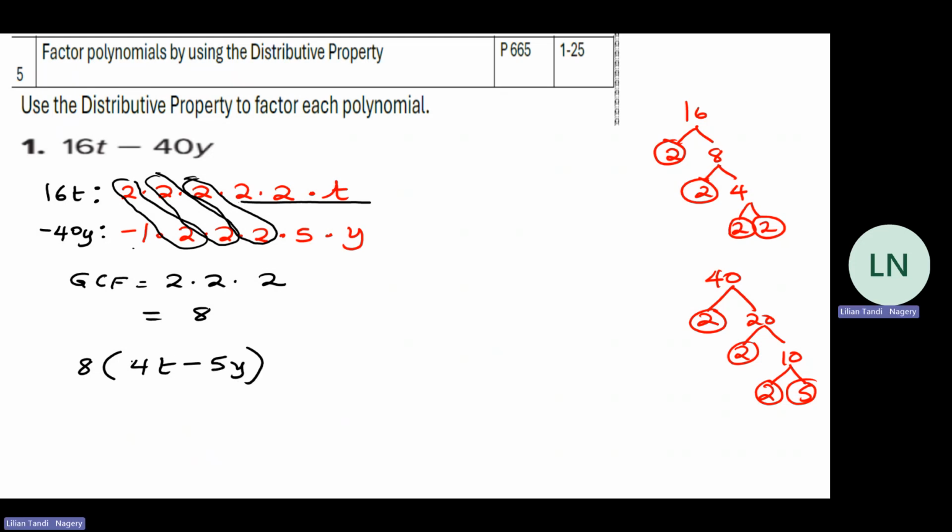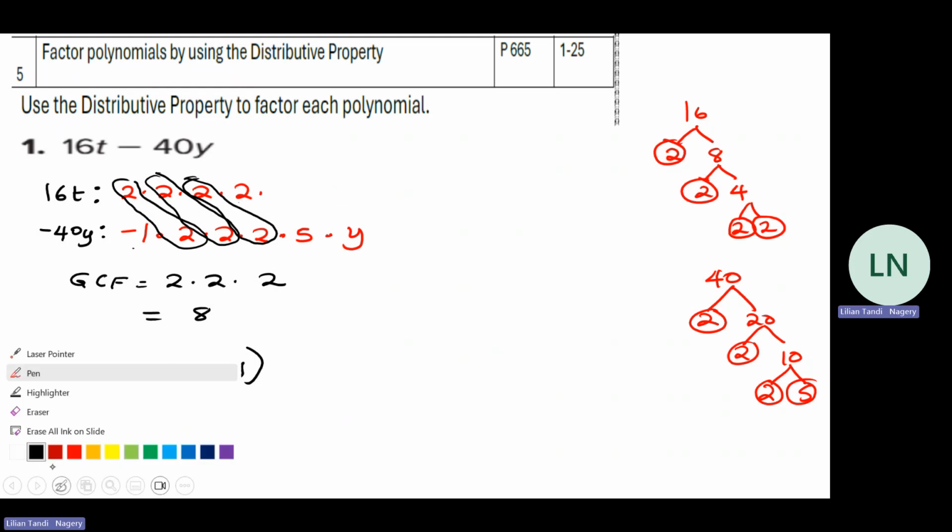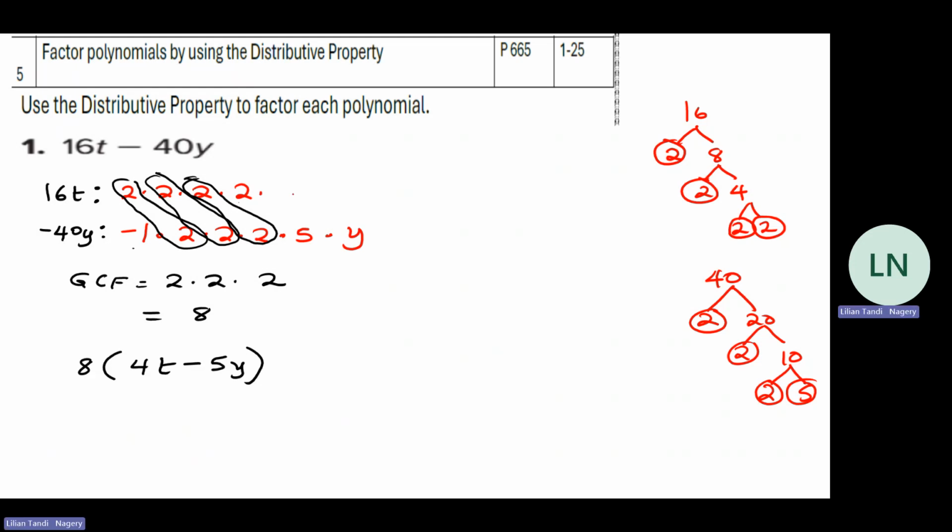Now, check if your answer is correct. Why do I have a feeling my answer is not correct? How many 2's did I write? 4 2's. I wrote 5 2's. Check your work always. I have 4 2's over here.